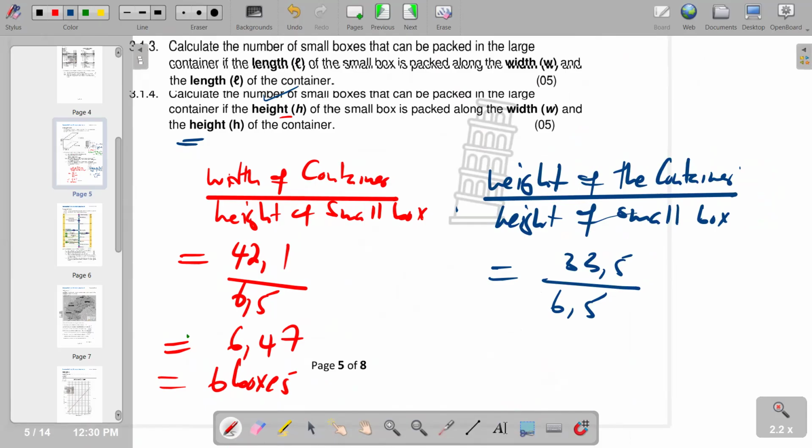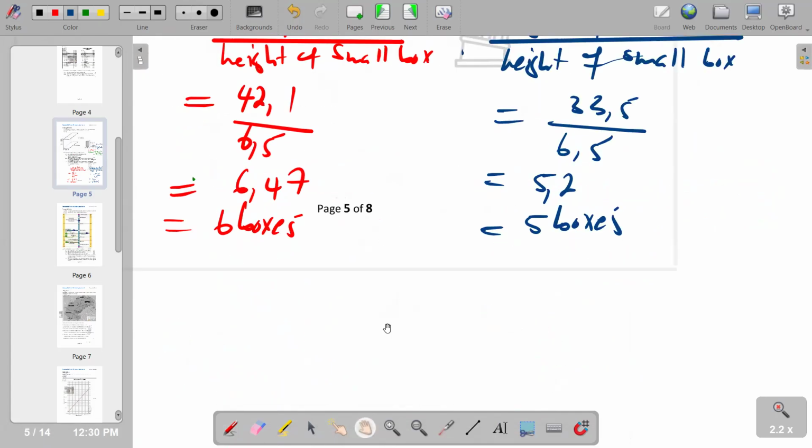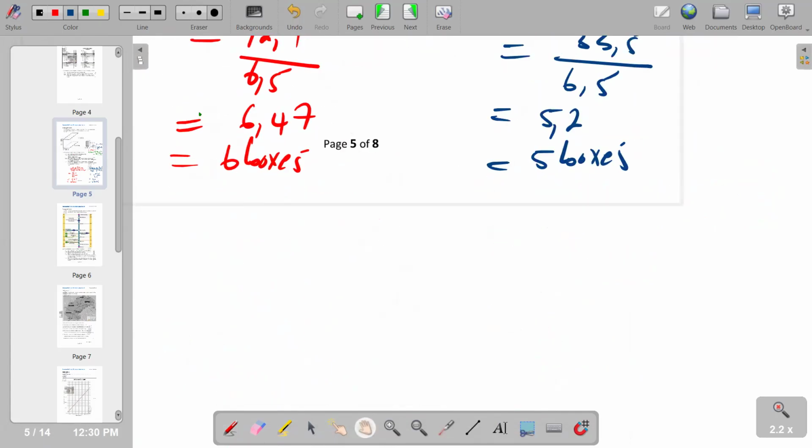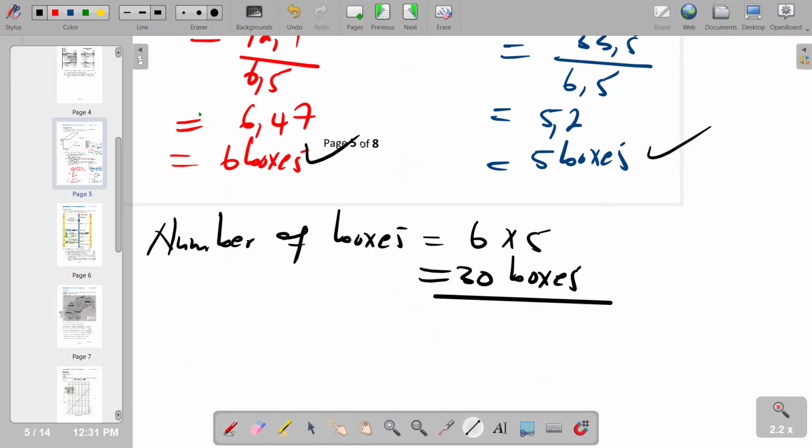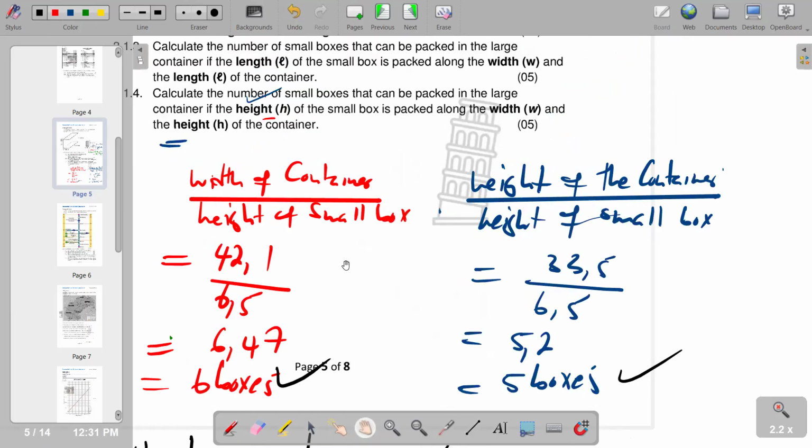If you calculate, you're going to get 5.2, which is equal to 5 boxes. The number of boxes will be 6 times 5, which is 30 boxes. So this is your final answer, and this is what we have on 3.1.4.